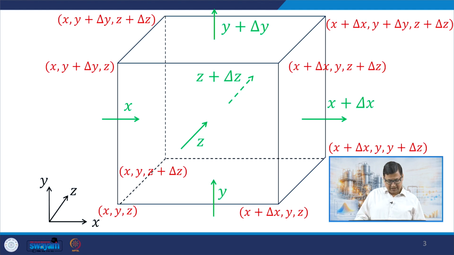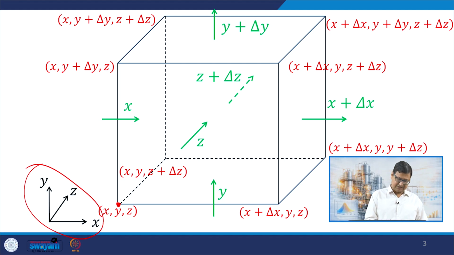So, if I now define the coordinates of the vertices of this control volume, in the notation of the coordinate system we have described, I can say that this corner may correspond to some coordinate x, y, z. I can as well put it at the center of the control volume, but it hardly matters, because in any case delta x, delta y, delta z are infinitesimally small in what we are doing, right.